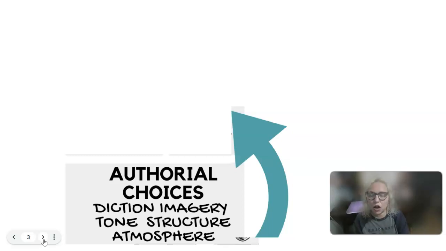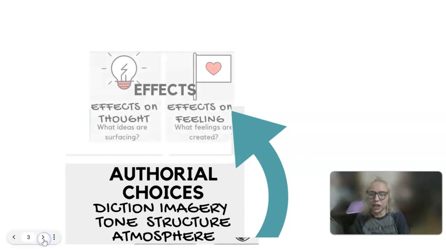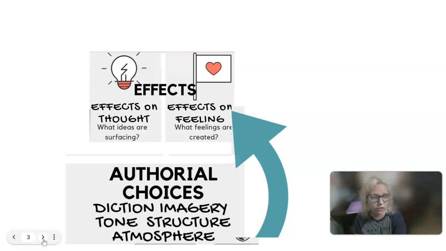The next step is to look at the effect of the example and then also of the pattern itself on the larger work. And you're going to do that by asking these questions. What effects on thought do these choices of words and images have on the reader? So what ideas are surfacing here? What effects on feeling do these have?